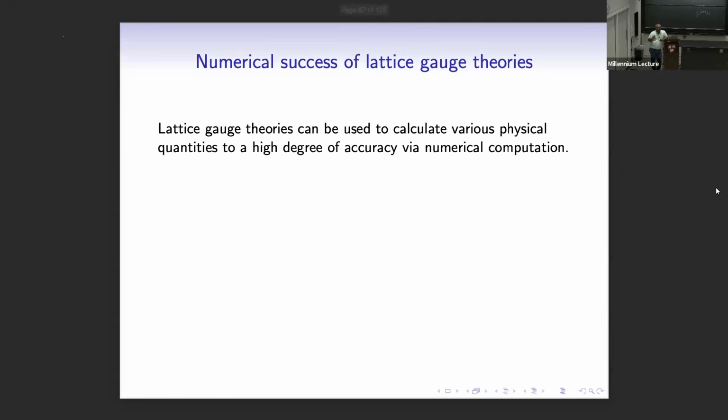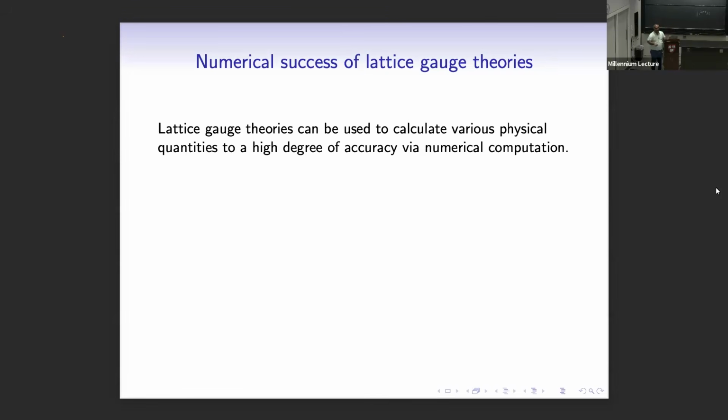Just before going into what we want to prove about lattice gauge theories, there is a huge success story in lattice gauge theories, in numerical calculations. The lattice gauge theories approximate the Euclidean Yang-Mills theory, which has this Hamiltonian H, the same H that you want for your quantum theory. So if you are just interested in understanding the spectrum of this Hamiltonian, it suffices to study the Euclidean Yang-Mills theory.